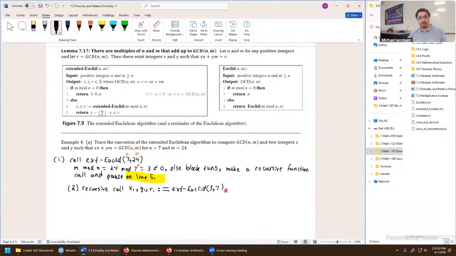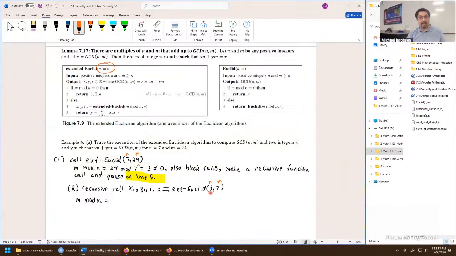Okay, starting over from the very top. New function call means we want to check if this block will execute. So we do m mod n again, but notice m and n have switched. Once we've made this function call, this is the new n, this is the new m.